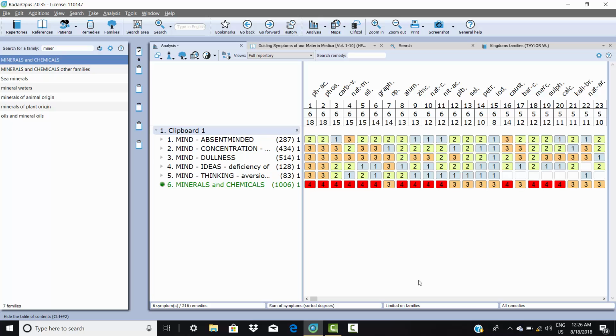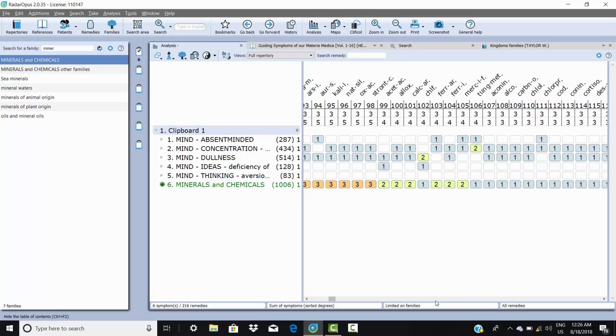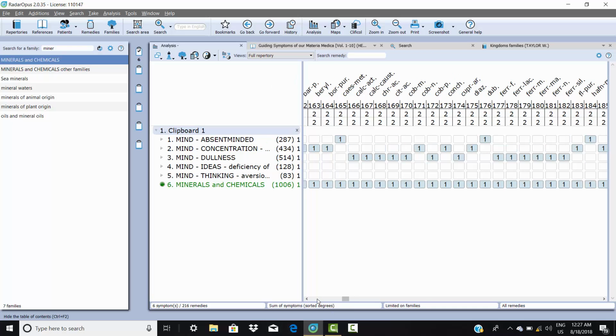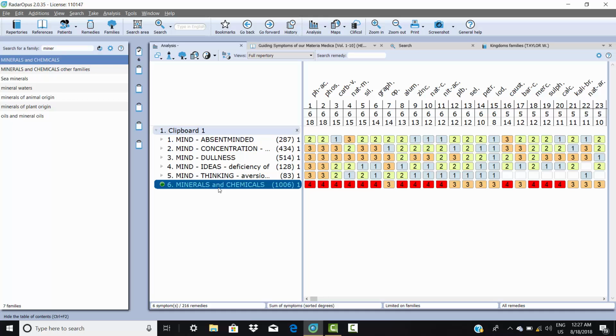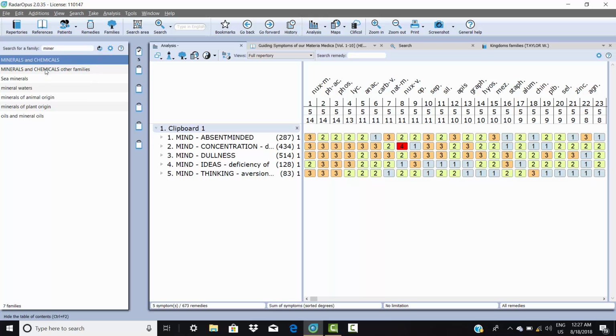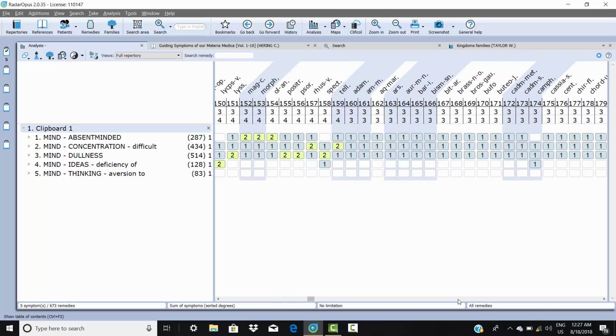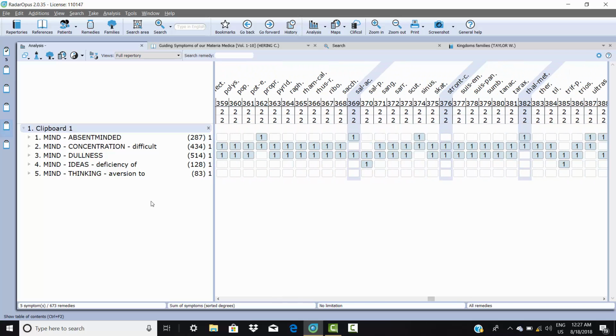These are the mineral remedies present in this analysis. This is one of the analysis processes, and also we can highlight. This is the highlight of the mineral remedies. Okay. That's all today.